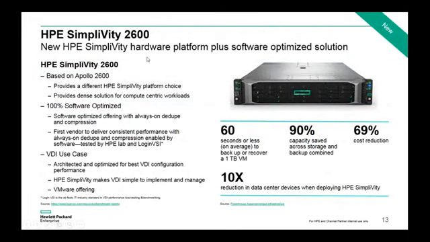So HP SimpliVity, this is another platform. It's the 2600. This is mostly what we'll be discussing today for our VDI solutions. The new HP SimpliVity hardware platform plus software optimization solution. The SimpliVity 2600, based on the Apollo 2600, provides a different HP SimpliVity platform choice, a dense solution for compute-centric workloads. 100% software optimized.